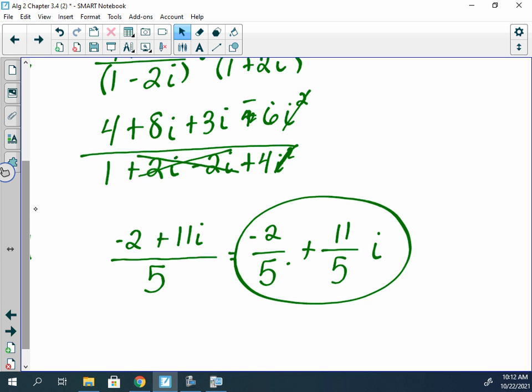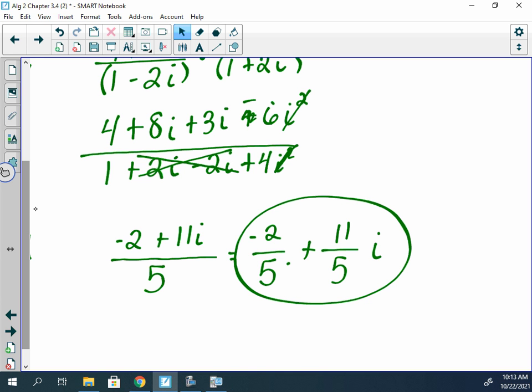Just do second, or however you pulled up i, and just hit enter. Second decimal is the i. Is the imaginary i. So this is the final answer here.